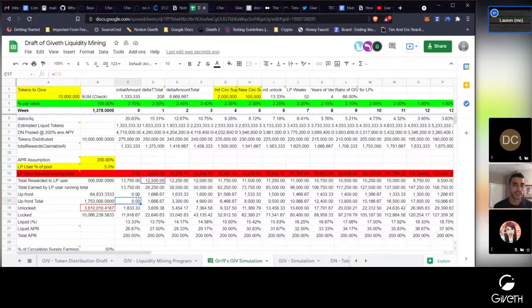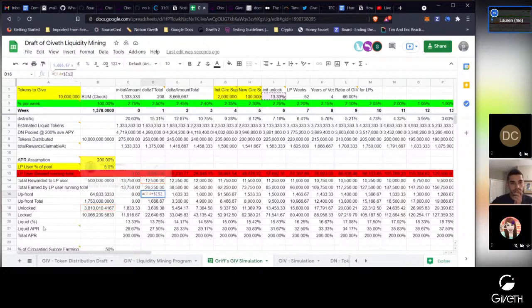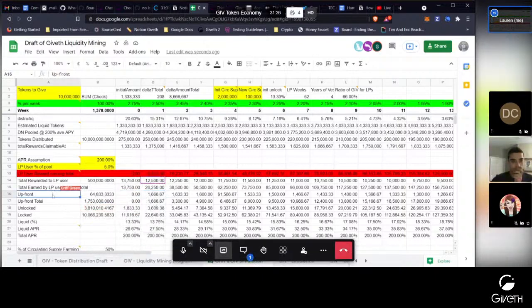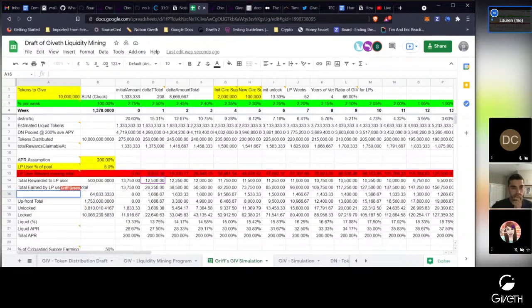Let's see what this is. What is that up front? So this looks like the liquid tokens. So claimable tokens. Cool.